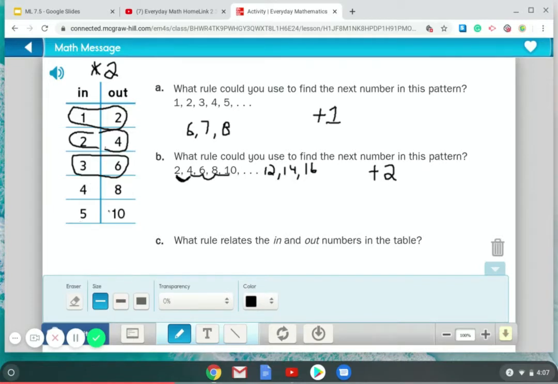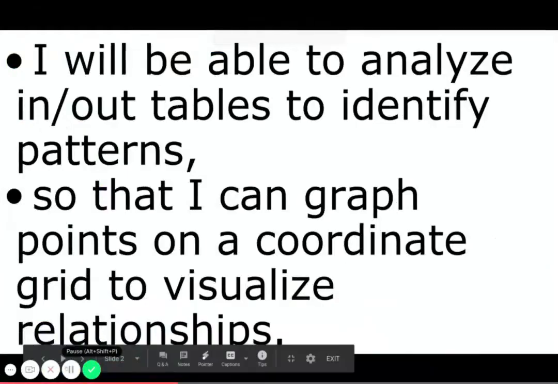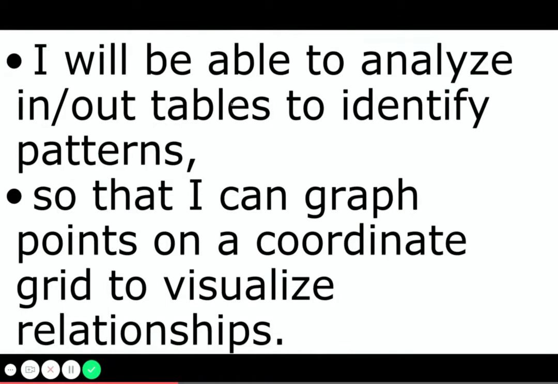And 5 times 2 is 10. We're going to be using these skills to, again, go back to our objective, analyze in and out tables so that we can identify patterns. Then we're going to use those patterns to graph points on a coordinate grid to really visualize relationships.